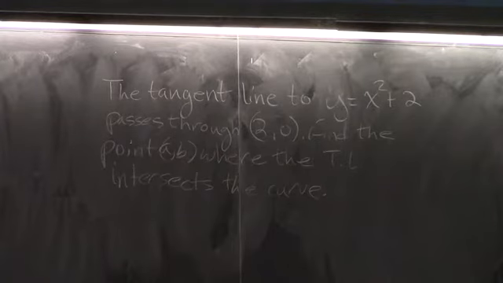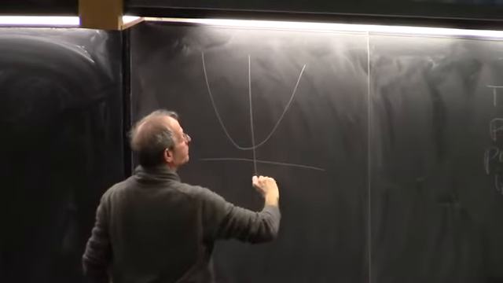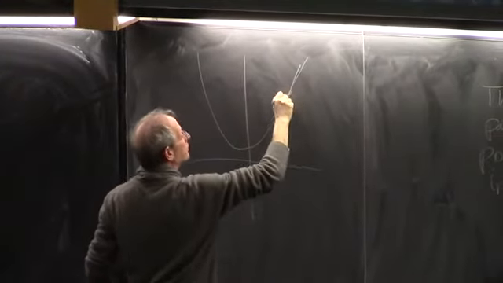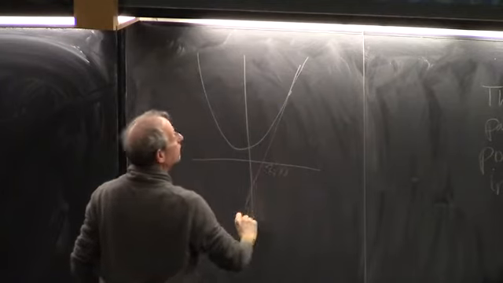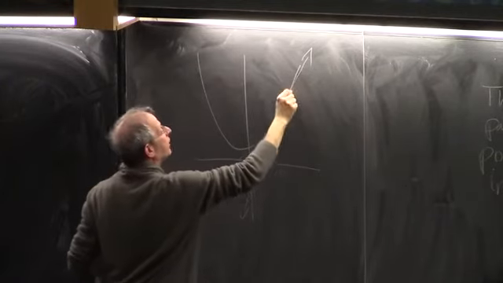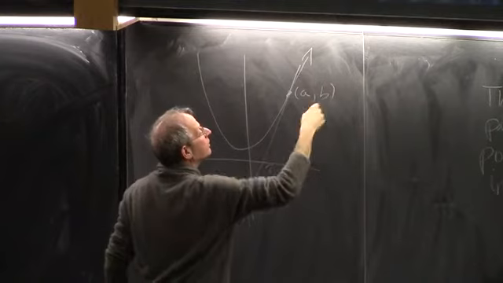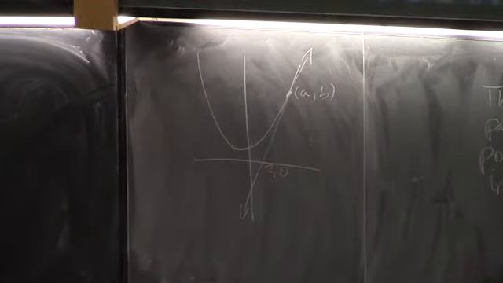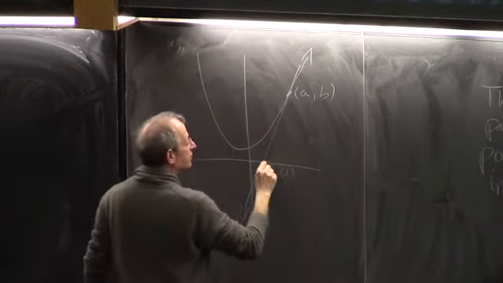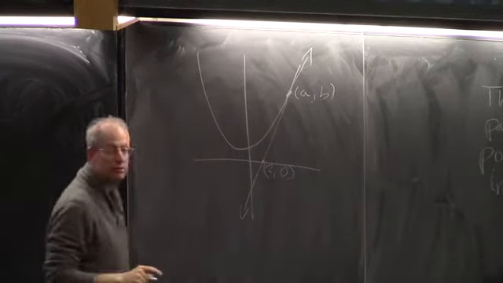We have the curve y equals x squared plus 2, and there's a point 2 comma 0. So the tangent line is intersecting the curve somewhere up there at A, B. And the tangent line is going through 2 comma 0.